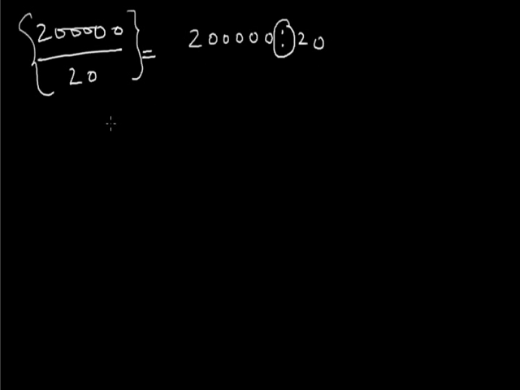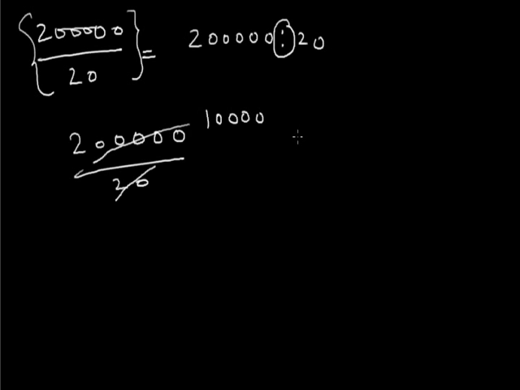So I have used the symbol of ratio between the two numbers 2 lakh and 20. In the simplest form, 2 lakh divided by 20 cancels by a factor of 10,000, and in the numerator we are left with 1. So 2 lakh ratio 20 in its simplest form is 10,000 ratio 1.